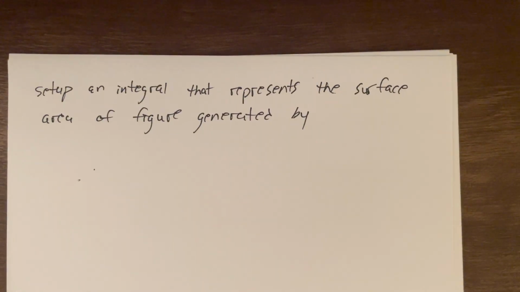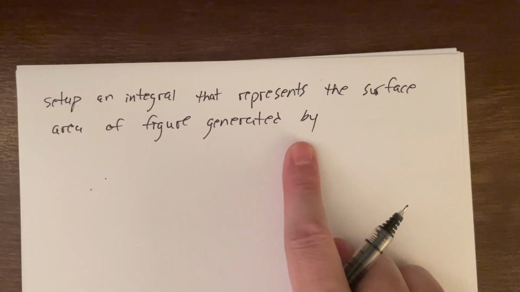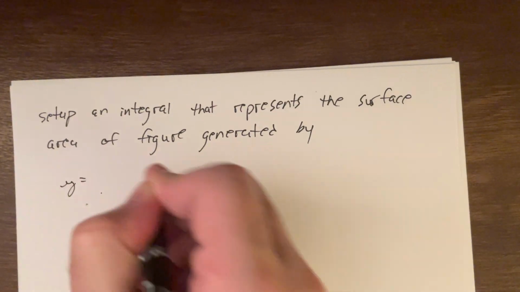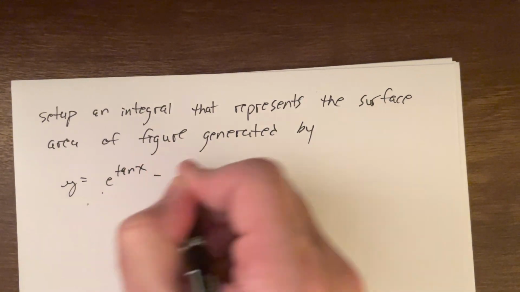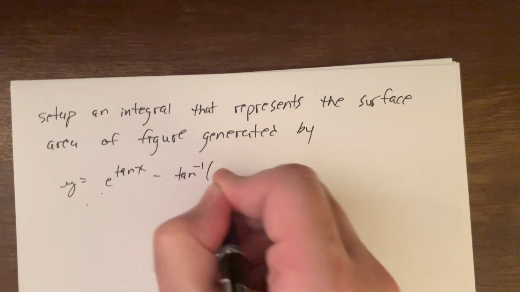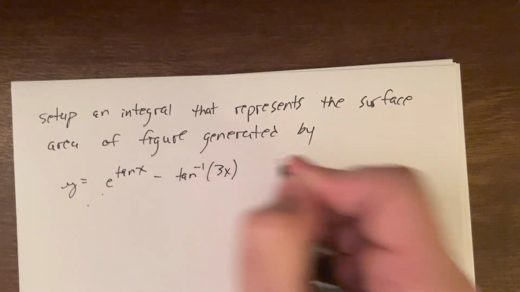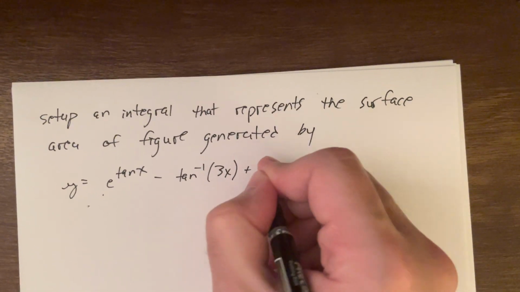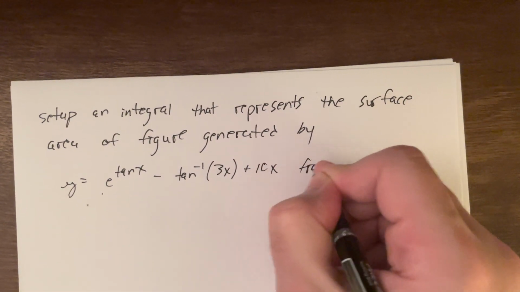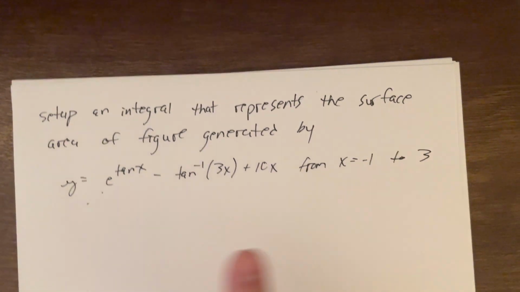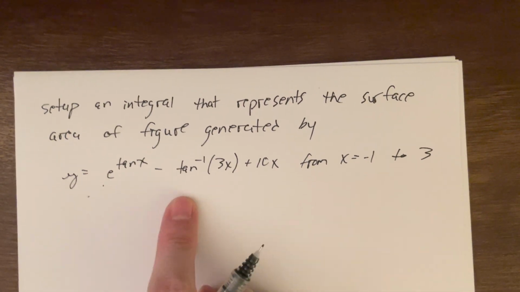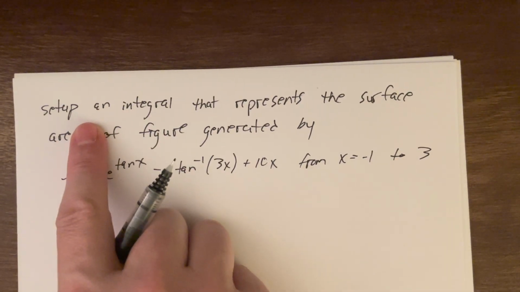So same thing here. Find the area of the figure generated by, let's have e to the tan x minus inverse tan of 3x plus 10x. And let's go from x equals -1 to 3. Now this looks pretty ugly, but all we're doing is setting up the integral.